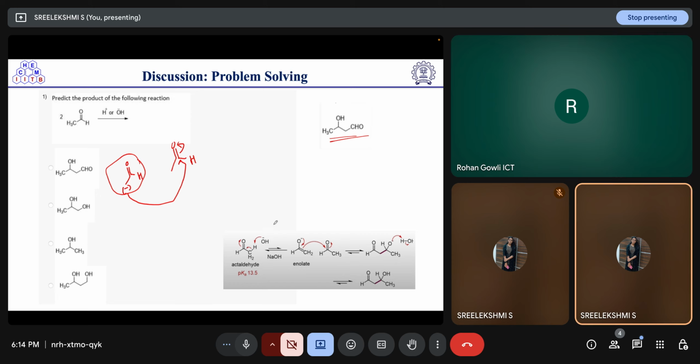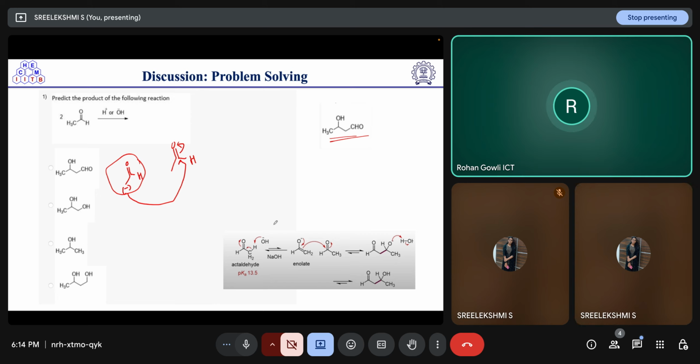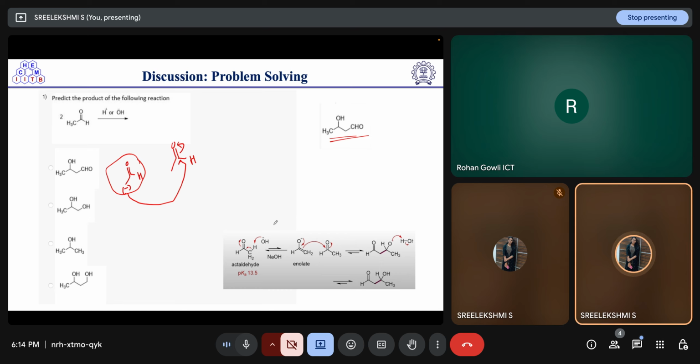Okay, so this is the aldol reaction. So what is the difference between aldol condensation and aldol reaction? Aldol condensation, I think it's acidic. No, whether acidic or basic, we will call it an aldol reaction if it stops at this stage.